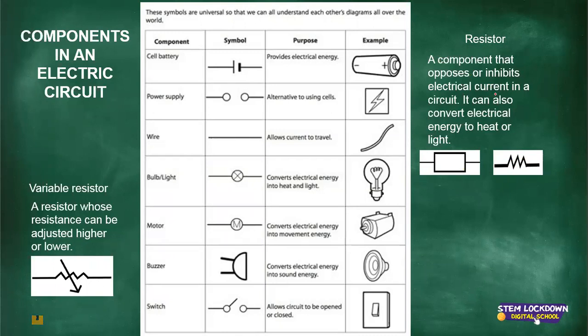But I said it very easily for you before, that it prevents energy from flowing through. It inhibits the electric current from flowing through. And then you have a variable resistor. Also, we'll go through that in tomorrow's lesson. It's a resistor whose resistance can be adjusted higher or lower. So you can control the speed of the electric current through the variable resistor.